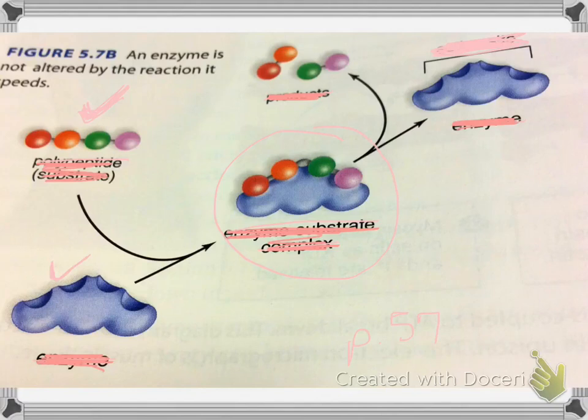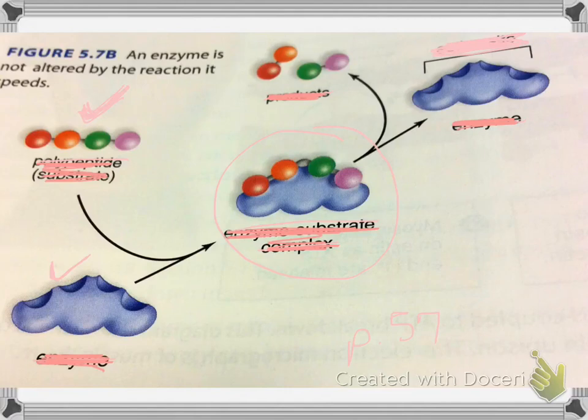No. So while you're looking at the artwork, if you think, oh, I'm not sure, look who changes. Whoever's changing is the substrate. Whoever's staying the same is the enzyme. And then once you decide, you should be able to look at the enzyme and figure out where the active site is. You're okay on the artwork. And again, page 57 is a great place to think about the same idea about the artwork.